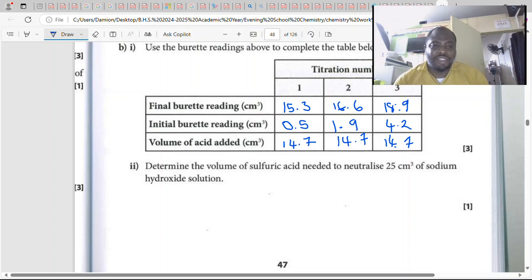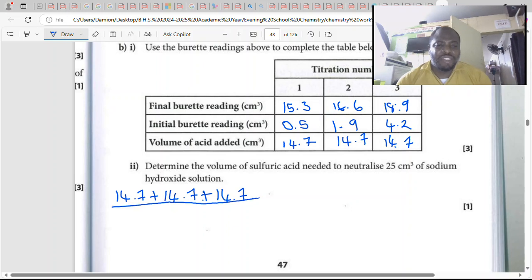The next question says, determine the volume of sulfuric acid needed to neutralize the 25 centimeter cube of sodium hydroxide solution. And so what you would do in this case is to add all three of them. And then because you're doing the average, we basically would divide by 3.